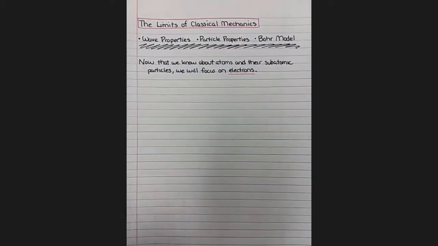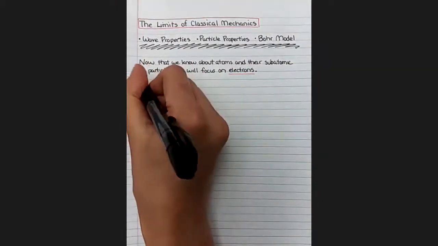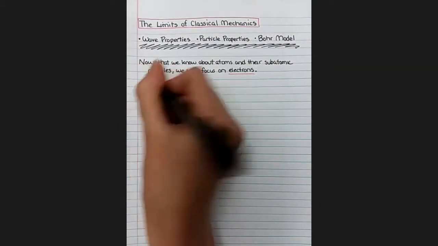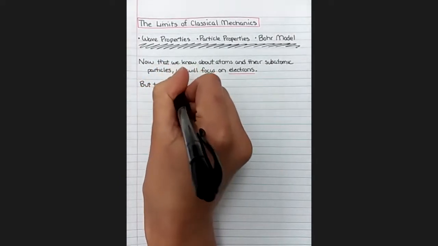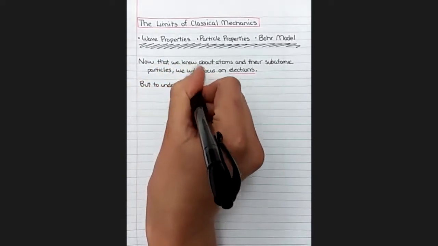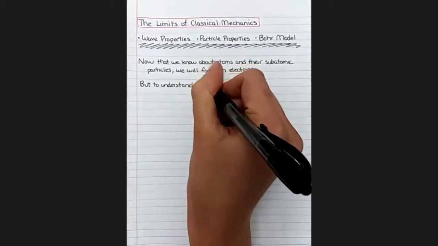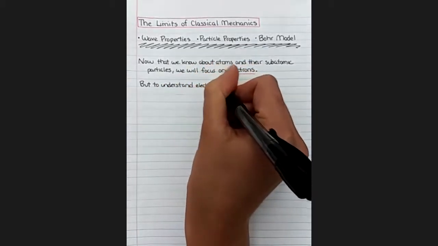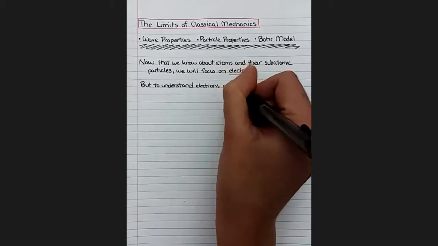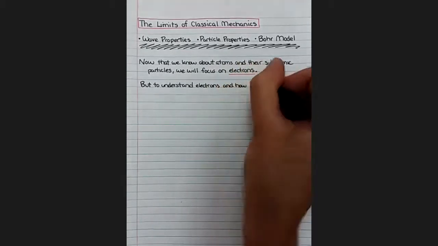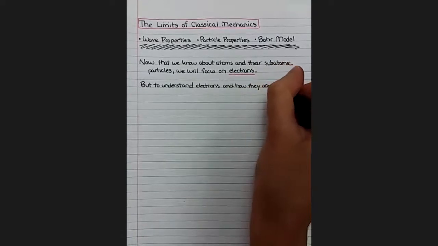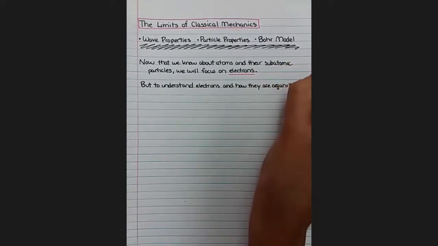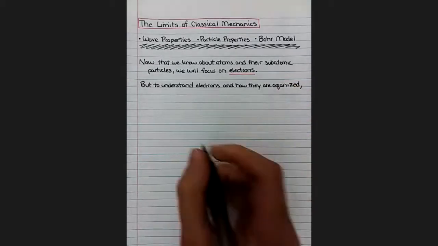But before we can start with that, we need to take a step back. There's some information we need first. So to understand electrons and how they're organized inside of an atom, we need to take a step back and talk about the nature of light.